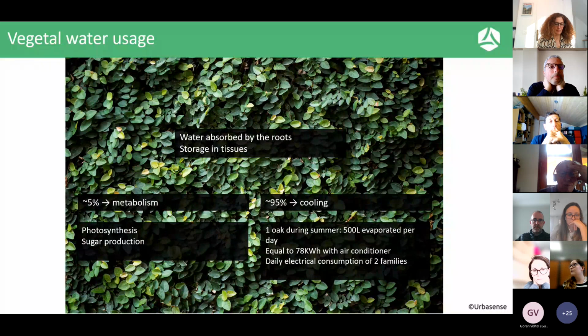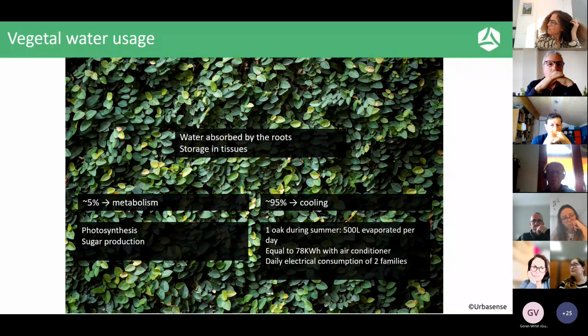One oak during summer evaporates 500 liters per day. That is the daily electrical consumption of 2 families with air conditioning. So it's huge. We can't have an electrical device that is as performant and efficient as a tree. So we'll take the tree as a tool and use it to cool. So how? Next, please.